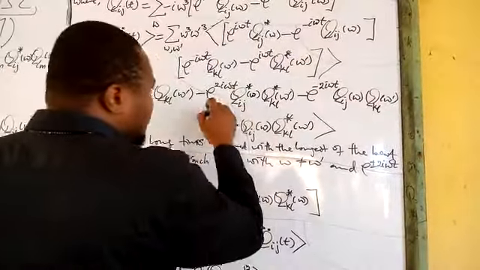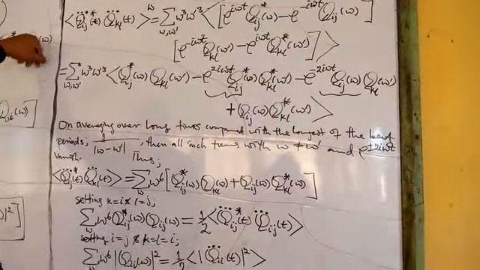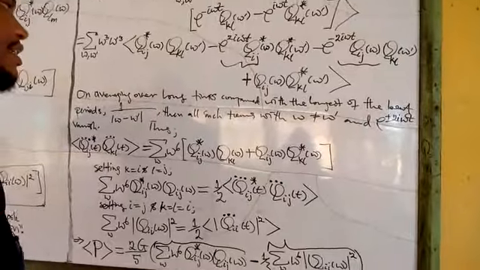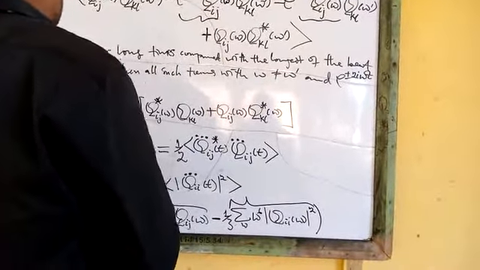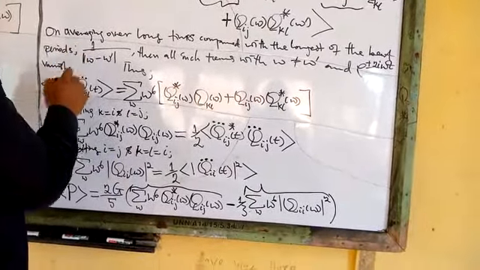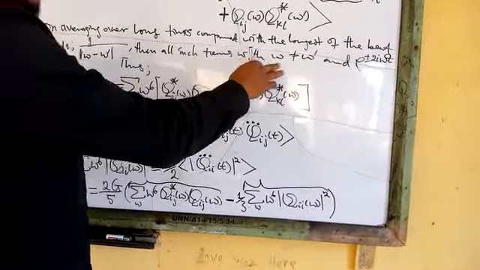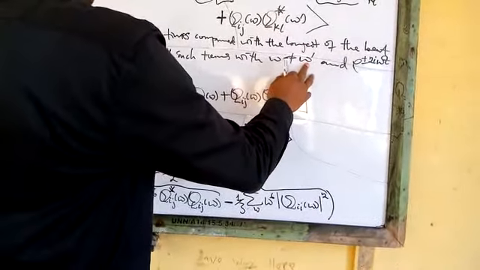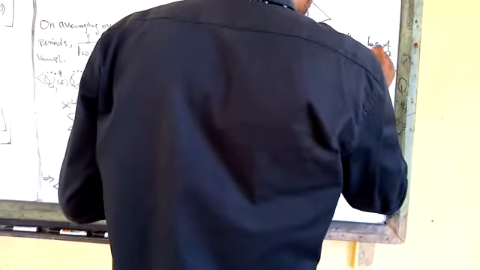Now note these following expressions, and we're going to perform an approximation here, when we average over long times compared with the longest of the beat periods, by beat periods we mean 1 over the modulus of omega minus omega prime. So for any situation for which omega is not equal to omega prime, after averaging over a long period of time, this term vanishes.